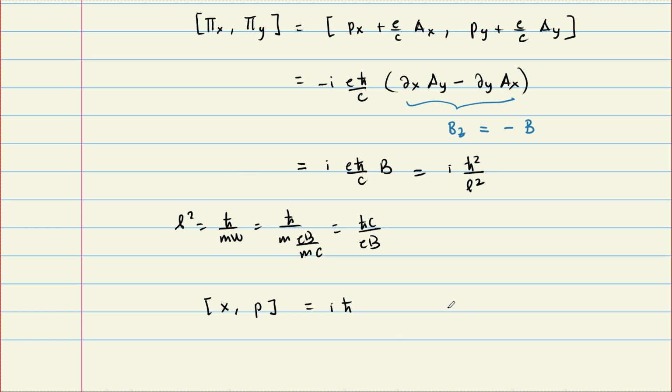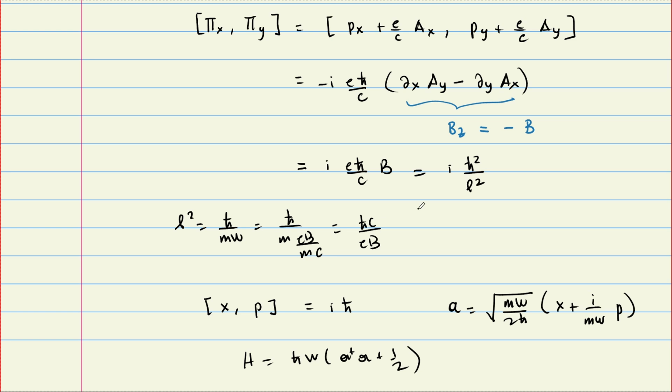From here, if you remember, in the harmonic oscillator we define a as something like √(mω over 2ħ) times (x plus i over mω p), and when we write the Hamiltonian in terms of a's and a daggers, we find ħω (a†a plus a half).